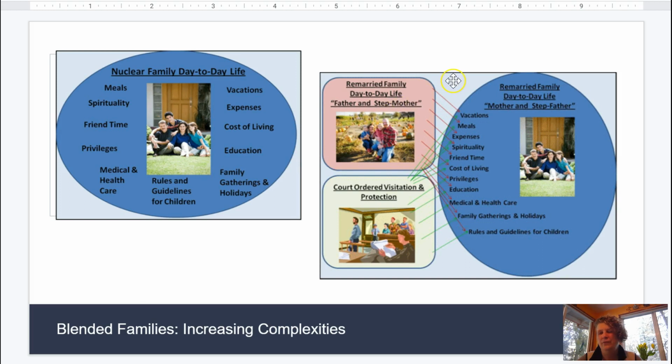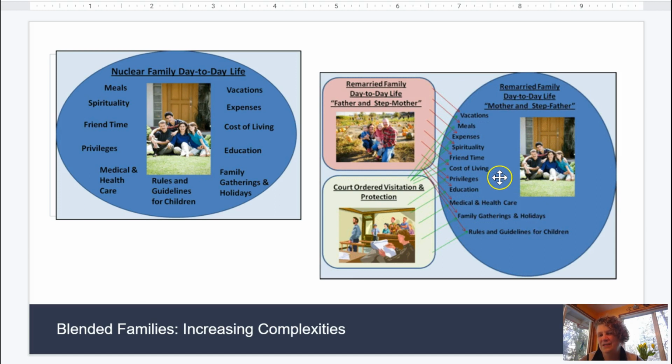Now, if we look over at remarriage, this shows us how this can become very complicated for children very quickly, because all of a sudden, all these things, and they show mother and stepfather. Of course, it doesn't have to be mother and stepfather, but it could be father and stepmother, mother and stepmother, etc. So the family still works to establish all these things, because these are important functions of the family, especially things like, what are the rules in this household?